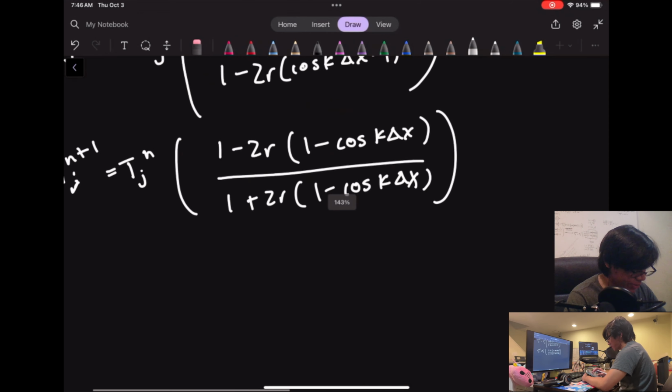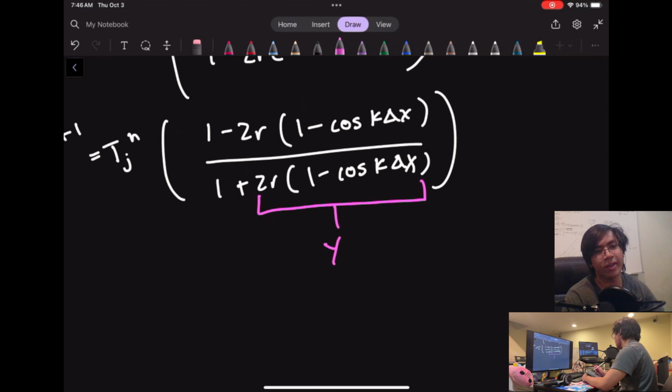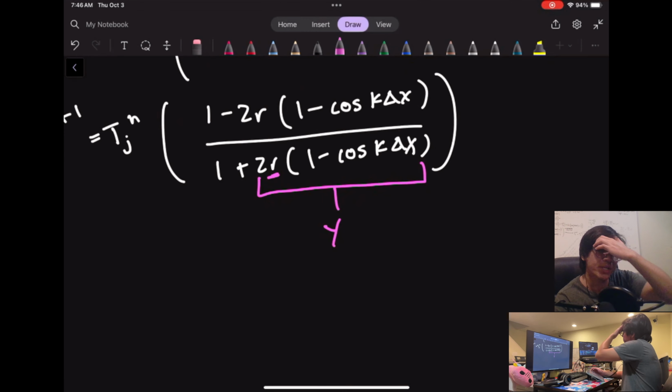You'll notice that this term here, we'll call this y, is always greater than 0. Remember that r is always greater than 0. You can't choose a negative time step or time scale. And also we're limited by our thermal diffusivity, so whatever material, that's already a constant.